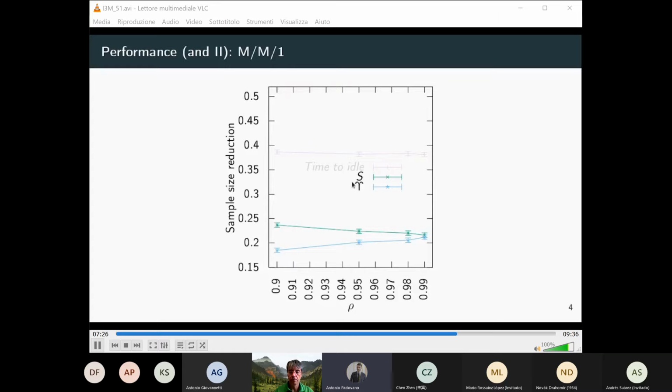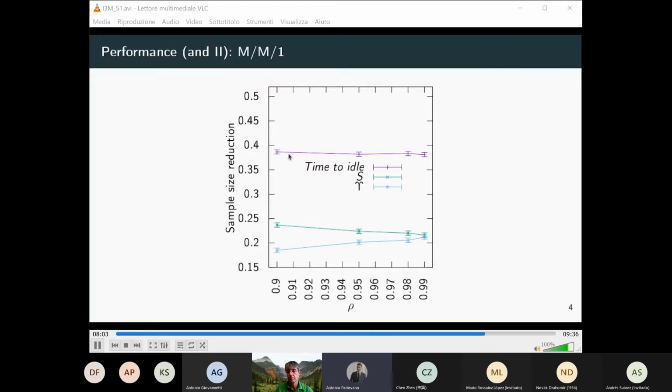If we see their behavior in the MM1 case, that is, inter-arrival times are exponentially distributed and the service times are exponentially distributed too, we see how the sample size reduction that any one of them obtains used individually is lower than half the sample size reduction that they obtain in the simple cases MD1 and DM1.